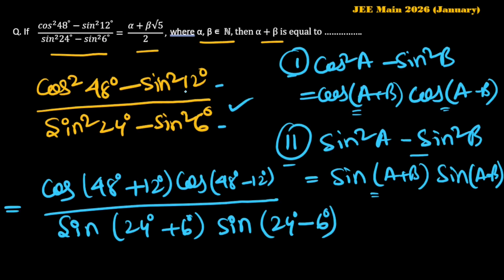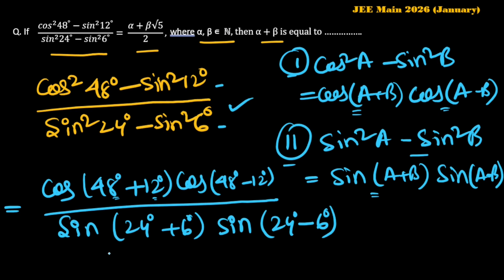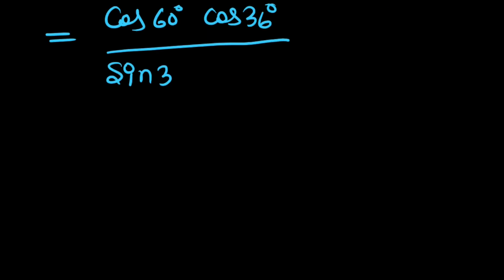Therefore, we write cos of 48 plus 12, that is 60 degree, and cos of 48 minus 12, that is 36 degree, cos of 36 degree over sin of 24 plus 6, 30 degree, sin of 24 minus 6, that is 18 degree. So sin 30 degree, sin 18 degree.